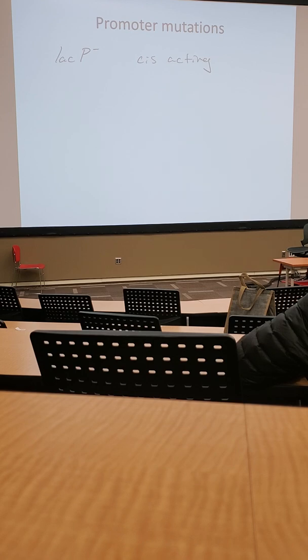It only interacts with the structural genes and the operators that are downstream of this promoter. That's how we're defining cis-active. So what about this mutant? This should be the next topic question.